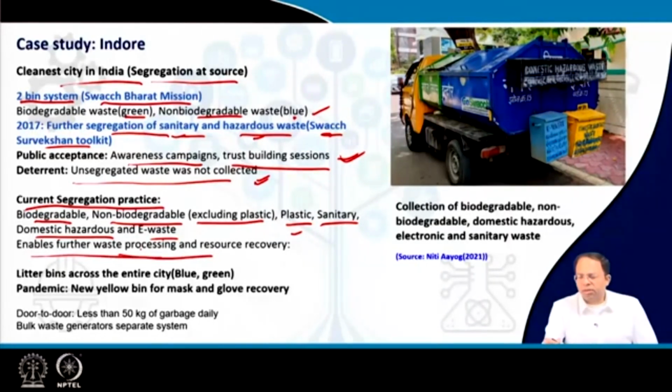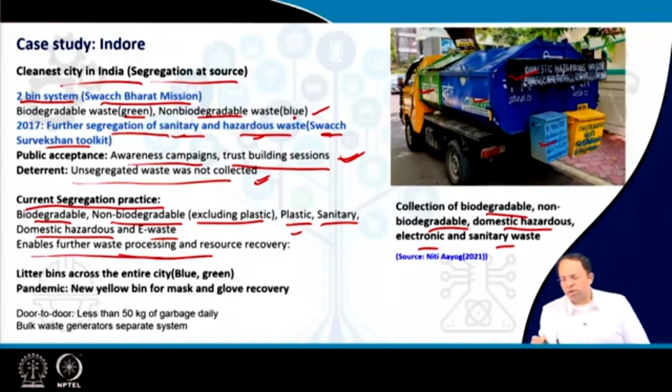And you can see this particular primary collection vehicle where biodegradable, non-biodegradable, domestic hazardous, electronic and sanitary waste is collected in different containers. Green for biodegradable, blue for non-biodegradable, black for domestic hazardous waste, blue for e-waste and yellow for sanitary waste. So this is how they have designed the system.